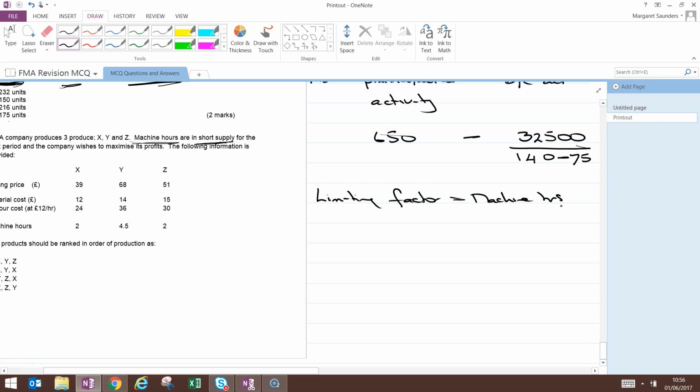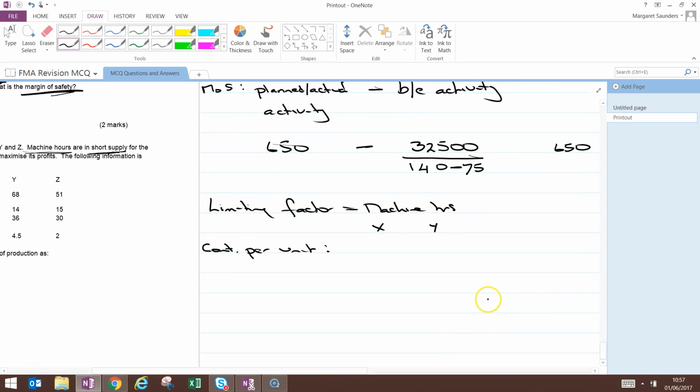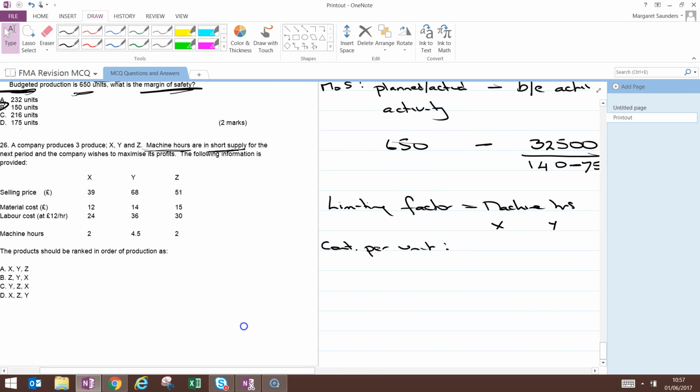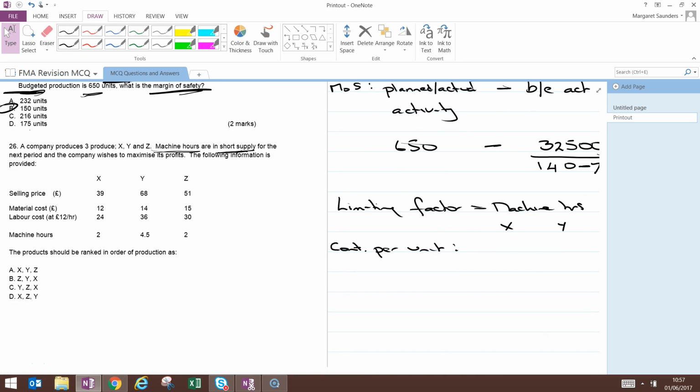We then need to calculate the contribution per unit for each of our products. So we've got 3 products, X, Y and Z. So as you know, because we've done contribution several times going through these questions, the contribution is the selling price minus the variable costs.